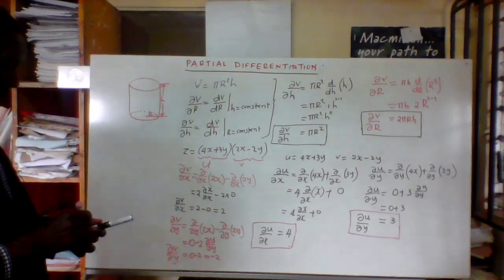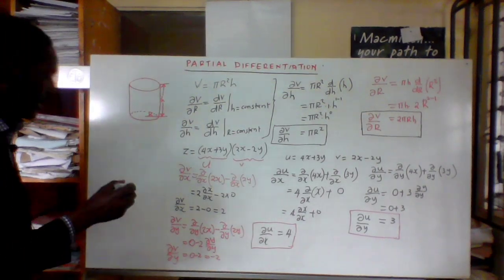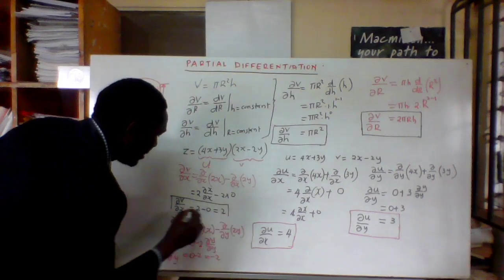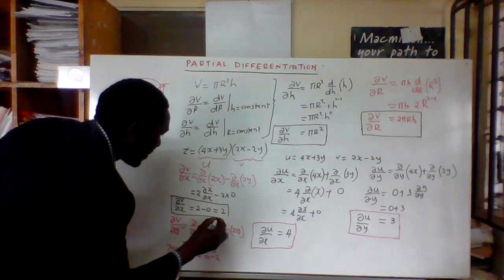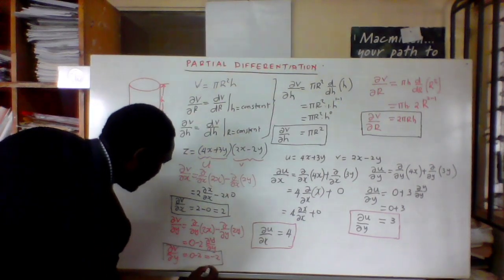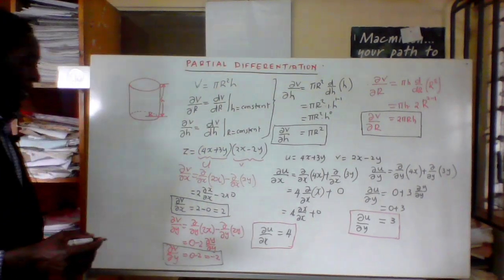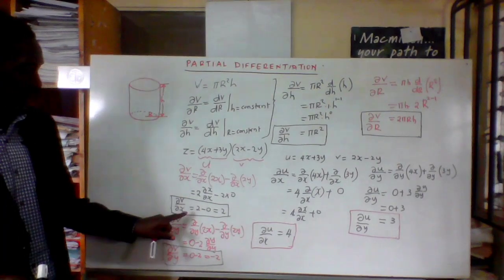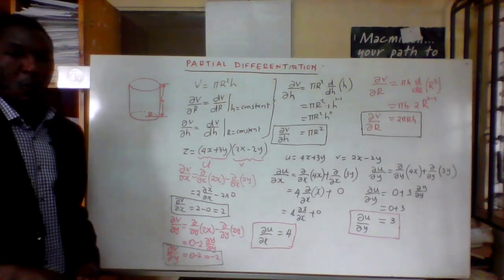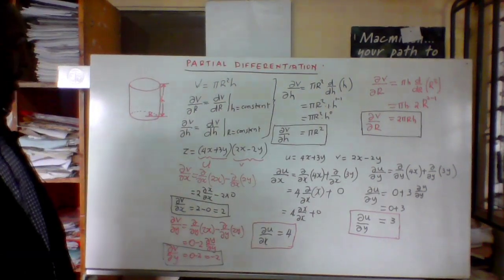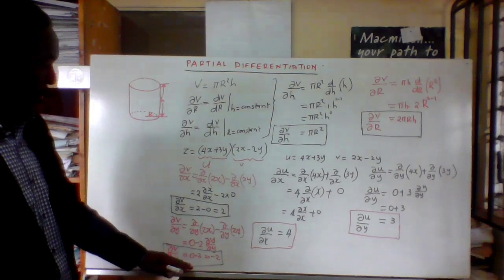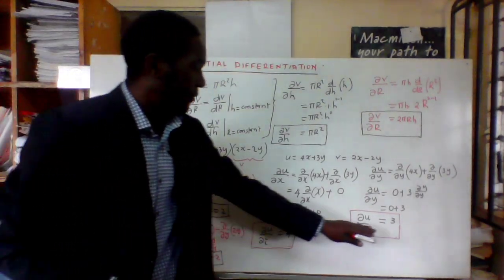Now we can identify those ones for easy reference. So this is the partial derivative of v with respect to x, and this is the partial derivative of v with respect to y. Now we can combine these results. So we have 4 results, 1, 2, 3, and 4.